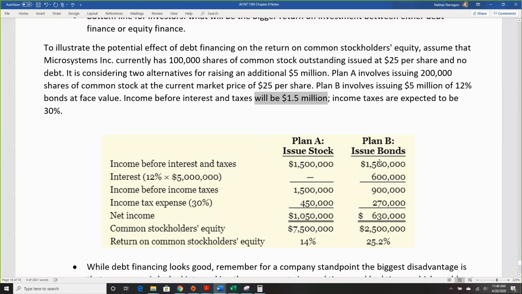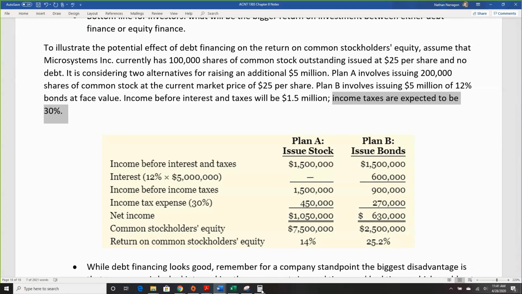Now, when we look at the stock, there's no interest involved, so our income before income tax is $1.5 million. They go ahead and figure out tax, how much tax we pay to the IRS, which again they expect to be 30%. So, 1.5 million times 30% is 450,000. Subtract that, and it gets us our net income.